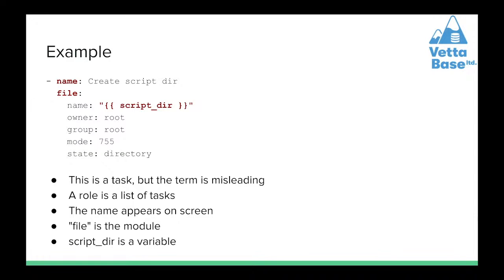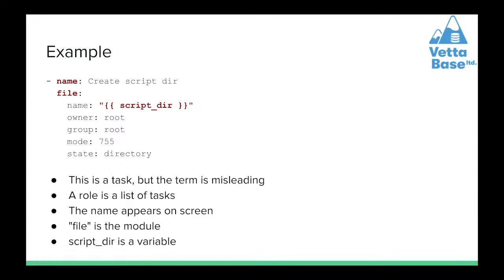In this case, the task has a name, which is create script directory. The name is optional, but it's very important to set it, because when you apply a role, you will see the list of tasks executed on your screen. If something fails, it's very important to have meaningful names for your tasks.